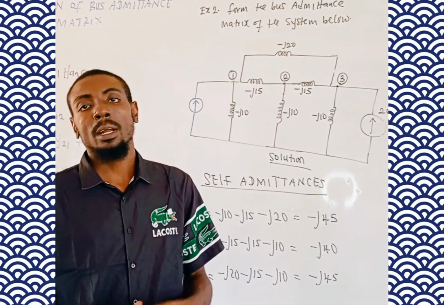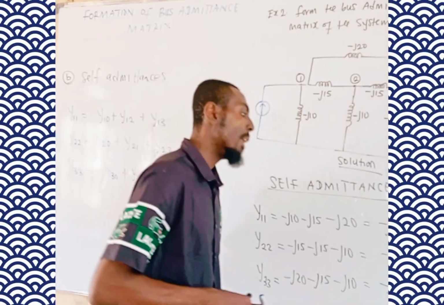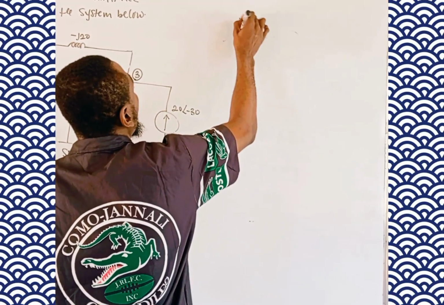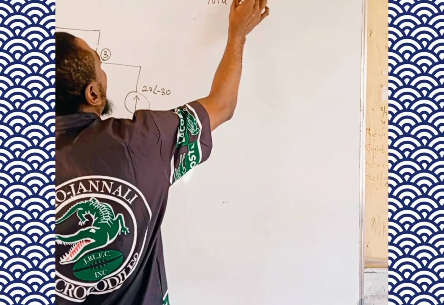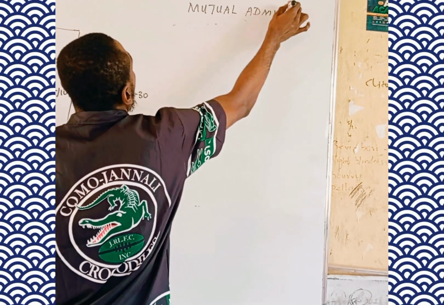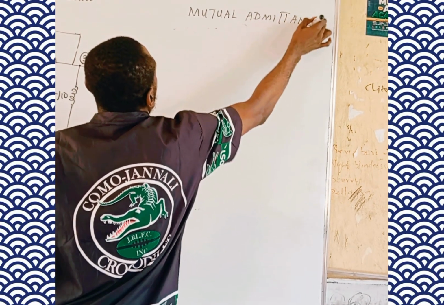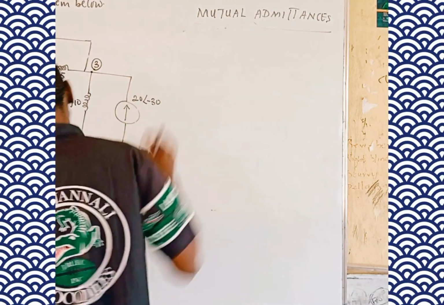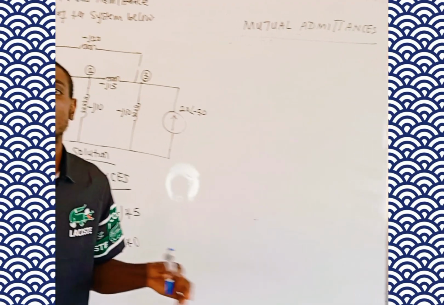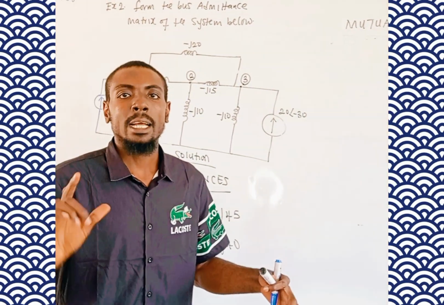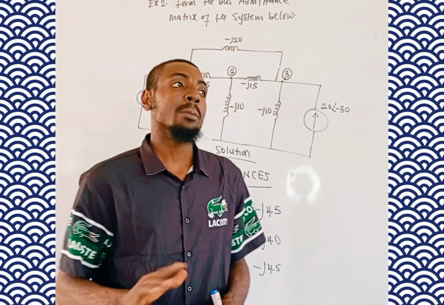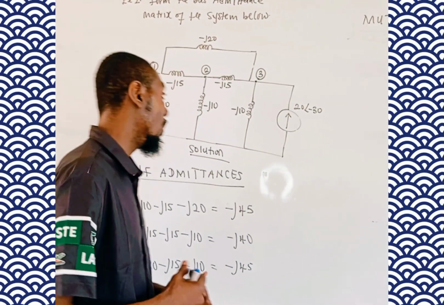The next thing we're going to talk about is the mutual admittance. The mutual admittance is the admittance connected between 2 buses. The admittance connected between 2 buses is known as the mutual admittance. Let's condense that.